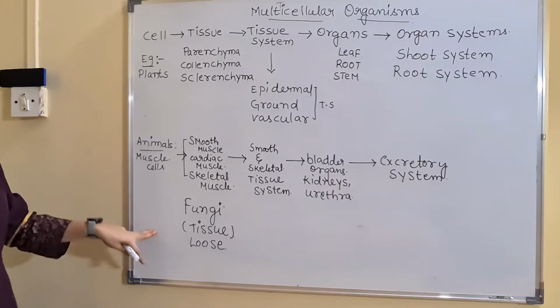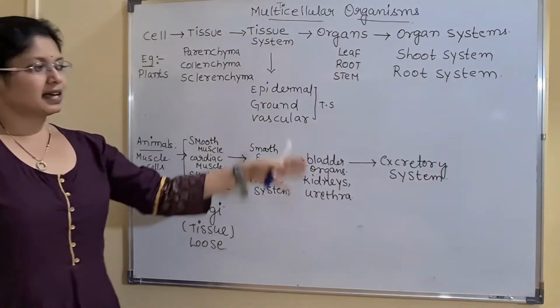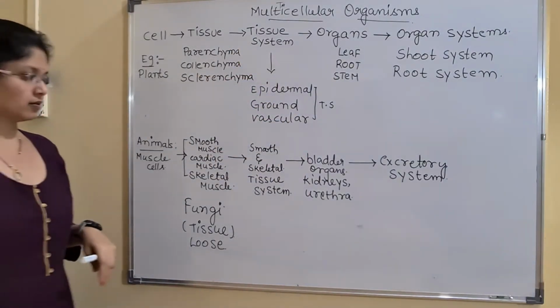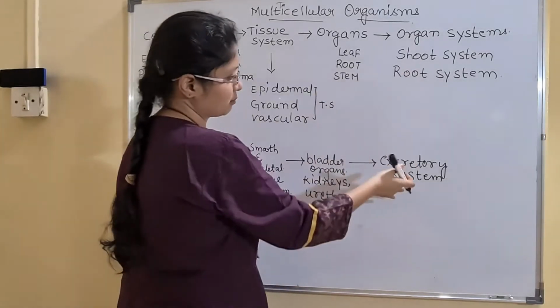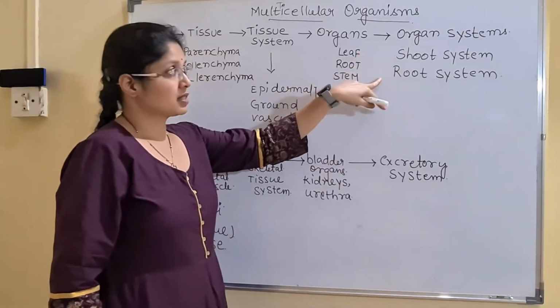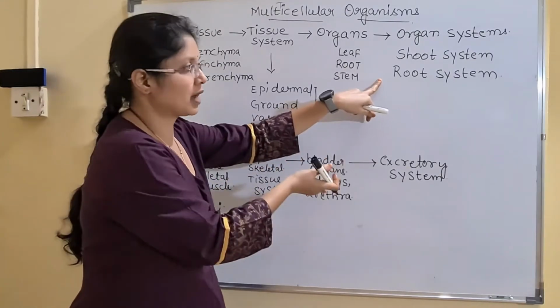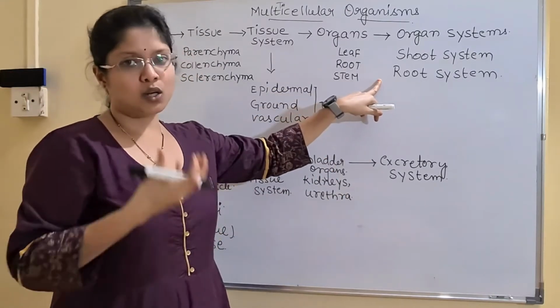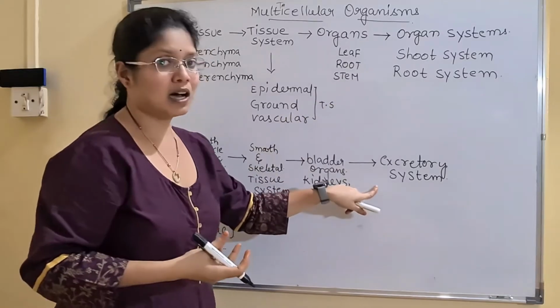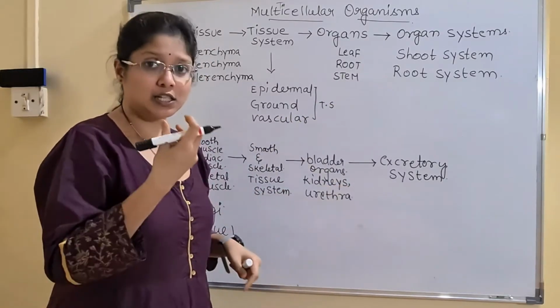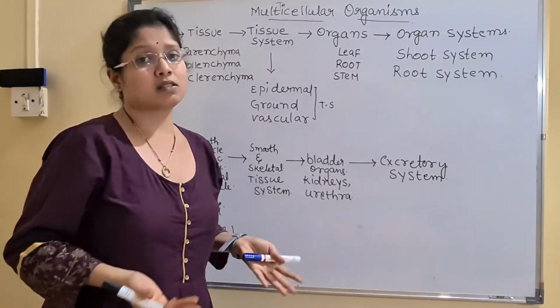Okay, fungi. And for plants and animals, we have the advanced organ systems also present. But if you see the organ systems of plants, we have only a few. Why? Because compared to animals, they are again lower organisms. And here, highly evolved animals as well as human beings, we have numerous systems.